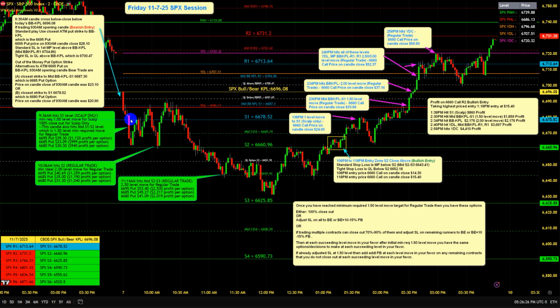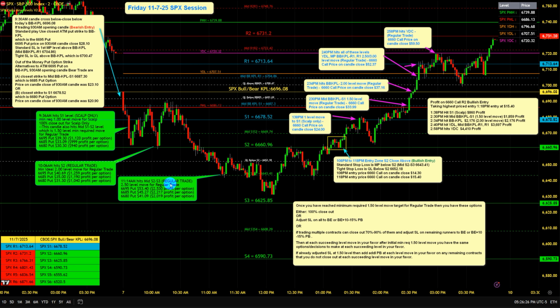A scalp is a one level move in your favor from the level that you're trading. In this case, the bull bear KPL, one level down on a bearish trade to S1. The 1.50 level move was down to mid S1, S2. At 10:06, we got the full two level ideal move for the regular trade.